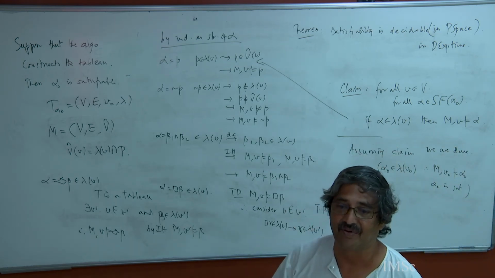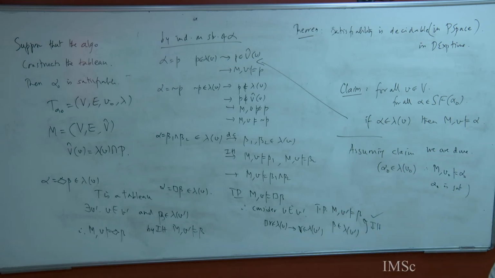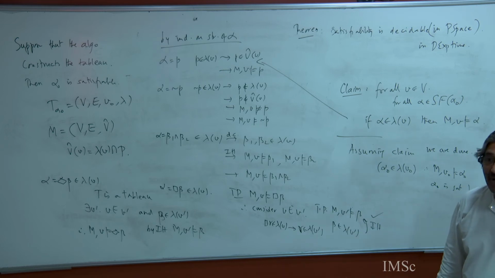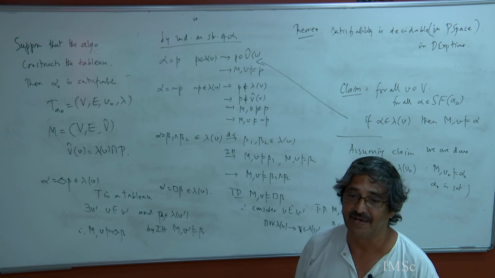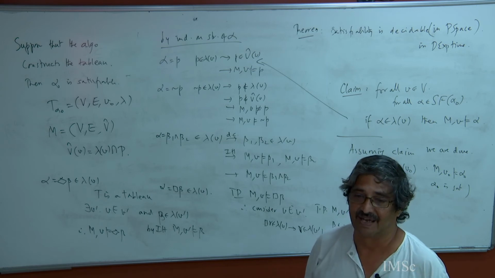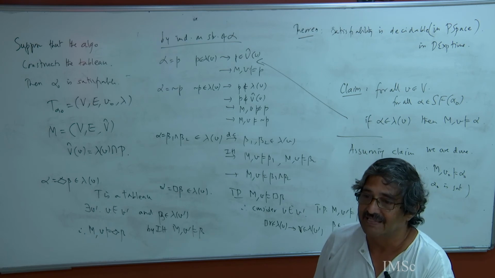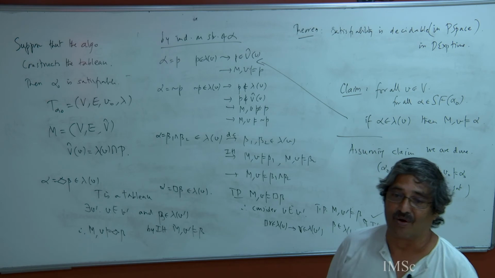From pre-orders, I can get partial orders. So now you can start asking questions like, I'm not interested in just satisfiability. I want satisfiability in pre-orders. I want to check if your formula is satisfiable in a model which is a pre-order.